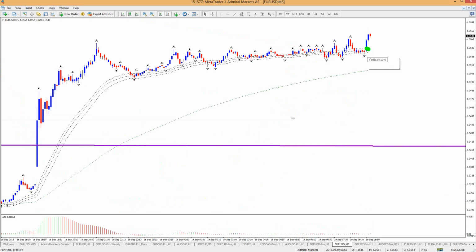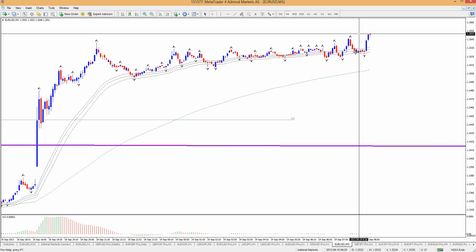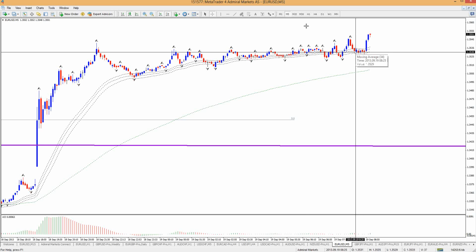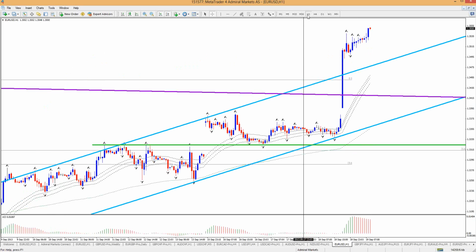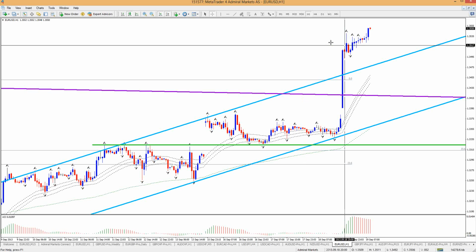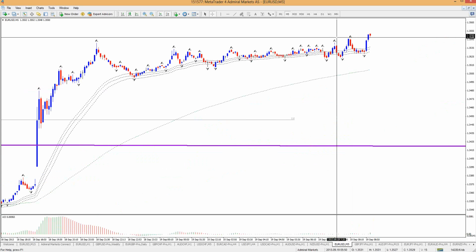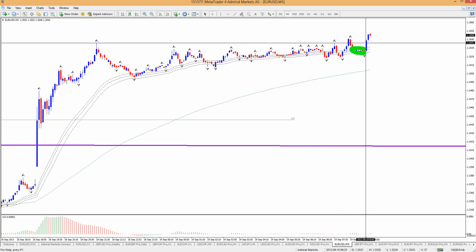We did get that bounce, didn't we, off that 5-minute band there. For me, though, to be honest, as you already know, this was probably a good bounce, I guess.